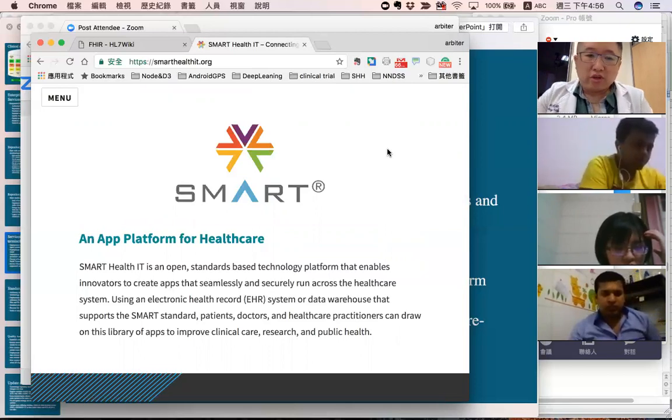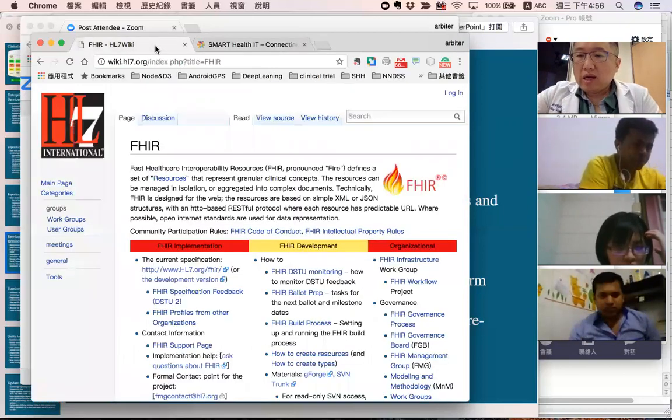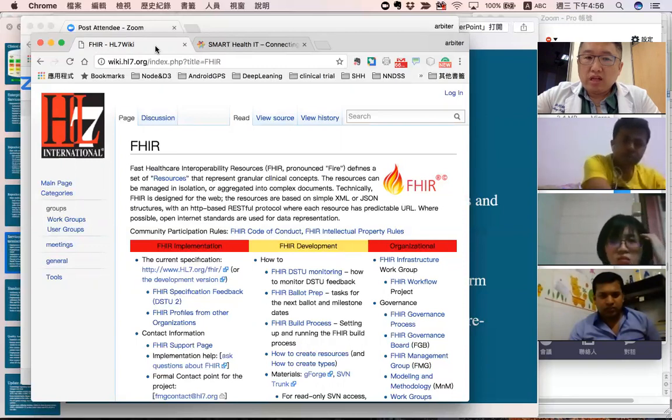So the SMART platform and the FHIR platform both try to solve this kind of complicated, sophisticated problem. The ideal goal is that after a hospital adopts the FHIR or the SMART system, all the subsystems created based on that can easily move from one hospital to another hospital.